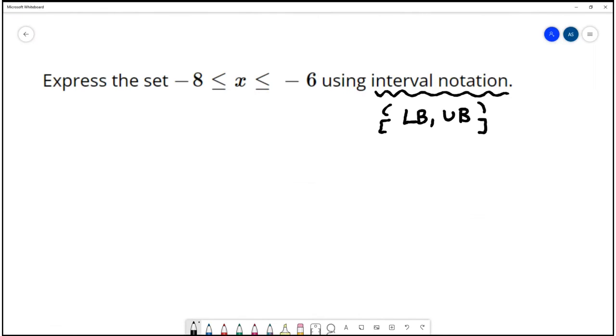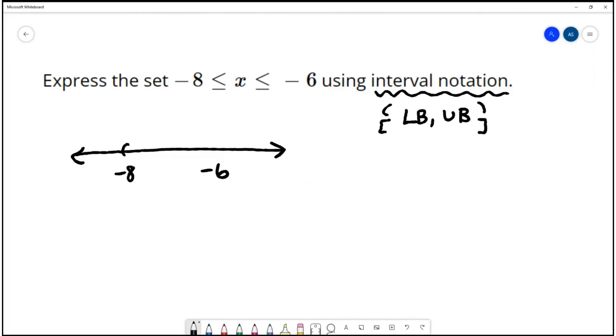So what I'd like to do on this example is to first draw the number line and graph this set using the number line. That's very helpful in writing the interval notation. So I'm going to draw the number line, and we're going to mark -8 on the number line and -6 on the number line. -8 is less than -6, so that's why I wrote -8 to the left of -6.